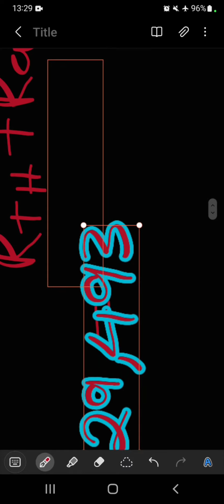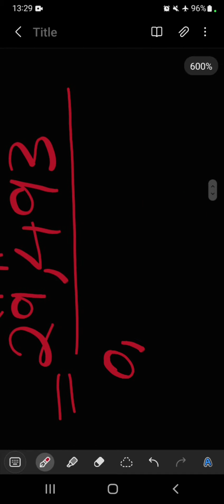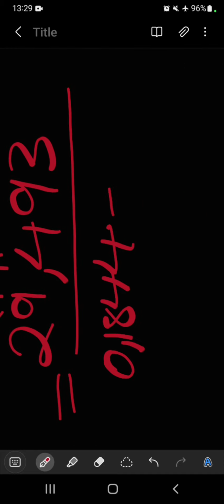Where did you go? There you are. V7N over 0,1844 plus 0,4. Just gonna punch that in on my calculator as it is to avoid taking too much space. 0,1844 plus 0,4.